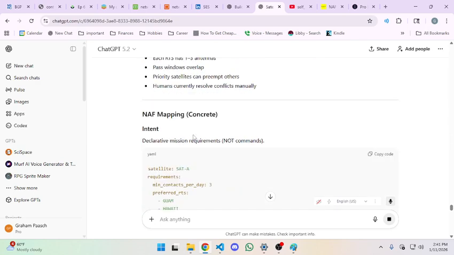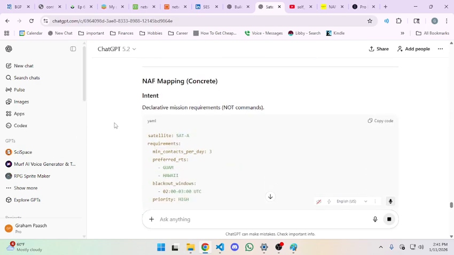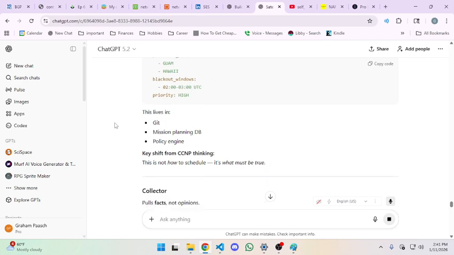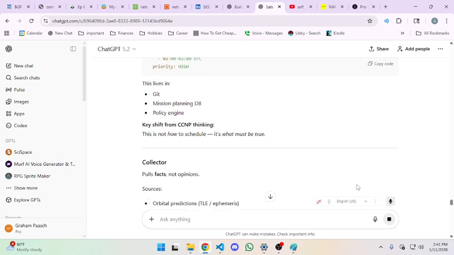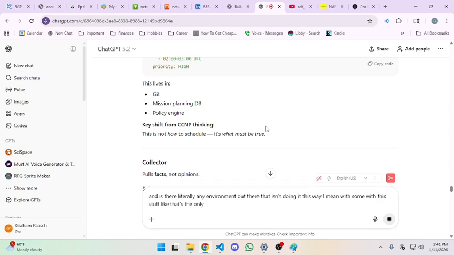And is it not like that? And is there literally any environment out there that isn't doing it this way? I mean, with this stuff, that's the only way you can possibly do it, right?